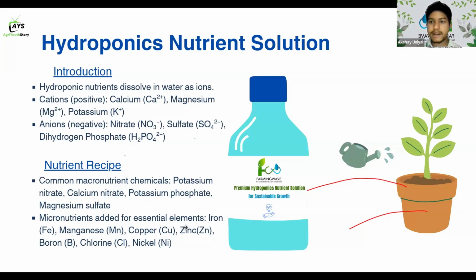For now, you need to understand there is a nutrient recipe that has a mixture of all these nutrients in a water soluble form, and it will be readily available to plants in an ionic form. The nutrients dissolve in water as ions, and they are readily available for the plants. I think it's clear how nutrients are given in hydroponic systems. Any doubt regarding this?